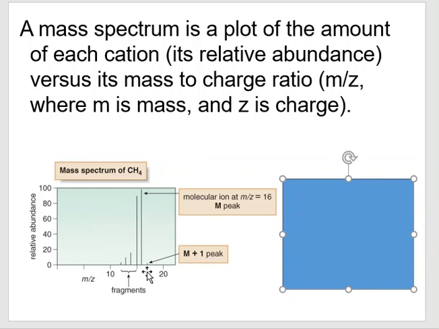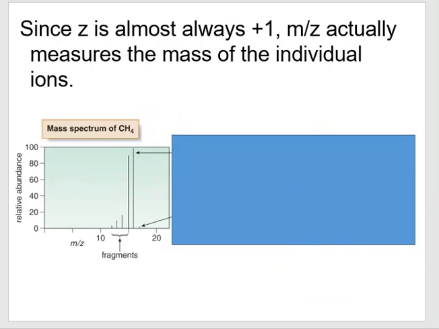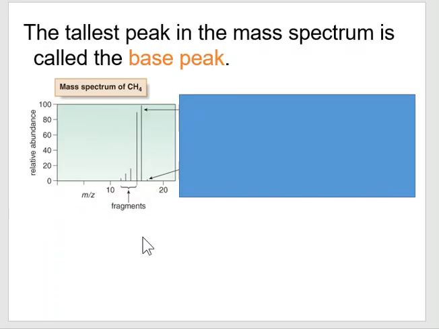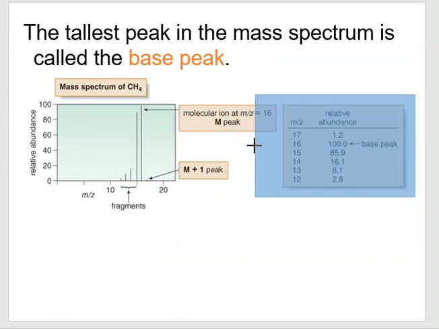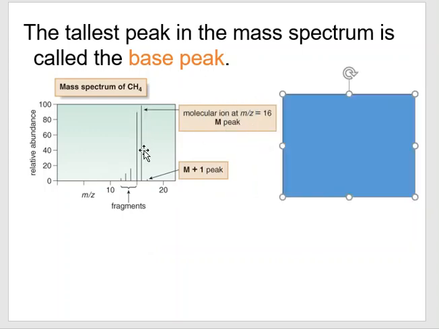It's tiny, and we'll come back to what that comes from in a minute. Since z is almost always +1, m over z measures the mass of the individual ions. As I mentioned, the tallest peak is called the base peak. In this case, the base peak is the same as the molecular ion peak, but it won't always be that way.